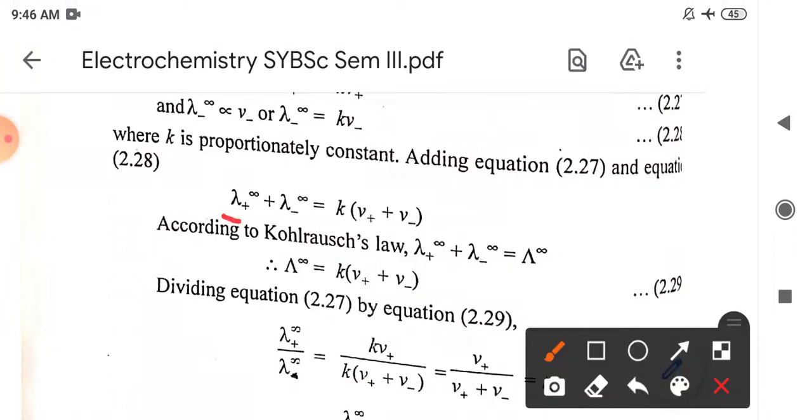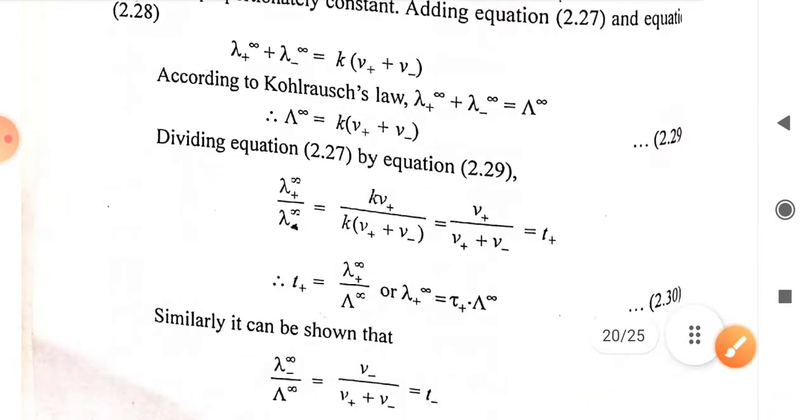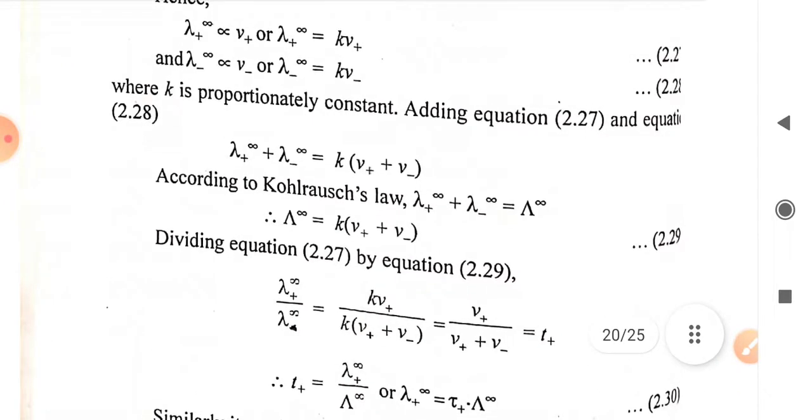So we simply add the two, that is lambda plus and lambda minus at infinite dilution is equal to k into v plus plus v minus, the velocity of the cation and the velocity of the anion. Now according to Kohlrausch's law of independent migration of ions at infinite dilution, the ionic conductivity of the cation plus the ionic conductivity of the anion is equal to the molar conductivity of the given solution at infinite dilution. Therefore lambda naught is equal to k into v plus plus v minus.